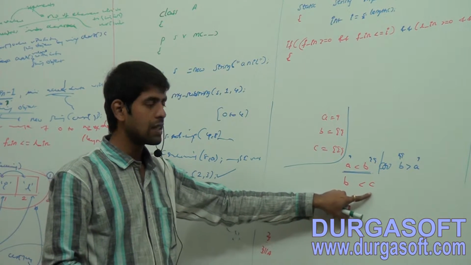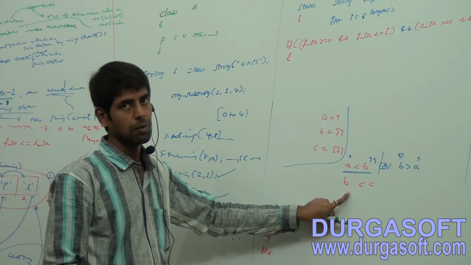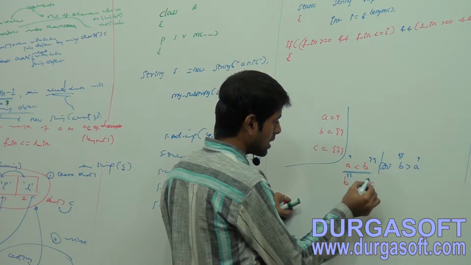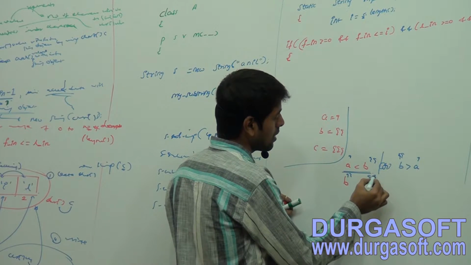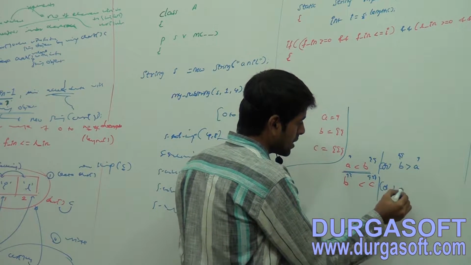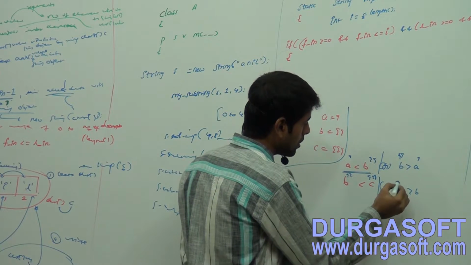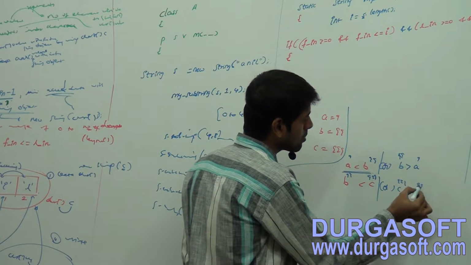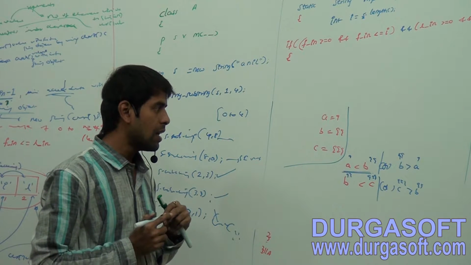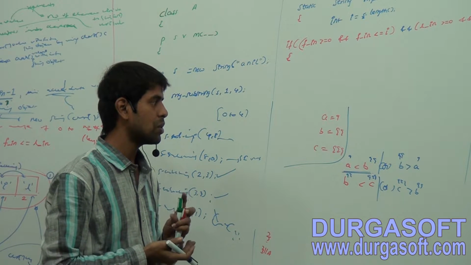B value is less than C. What is the B value? 99. C value? 999. Observe here, 99 is less than 999. Now what is the meaning of this one? C is greater than B. C value 999, B value 99. Yes or no? Yes.